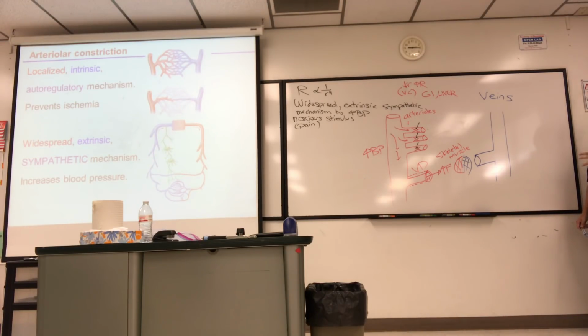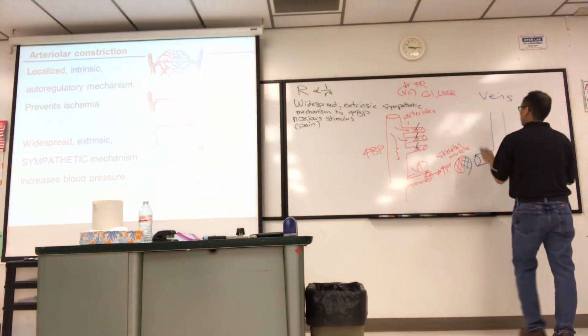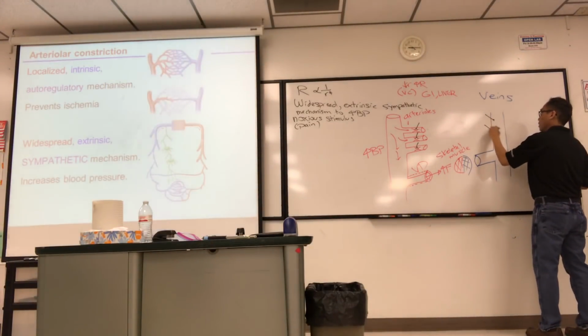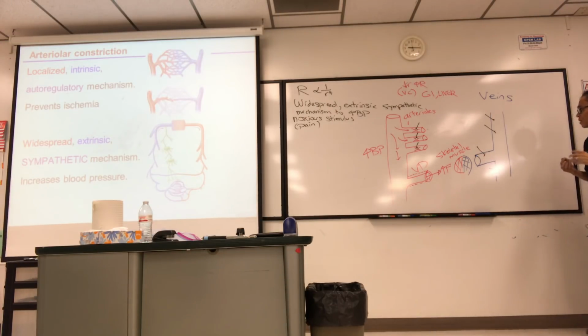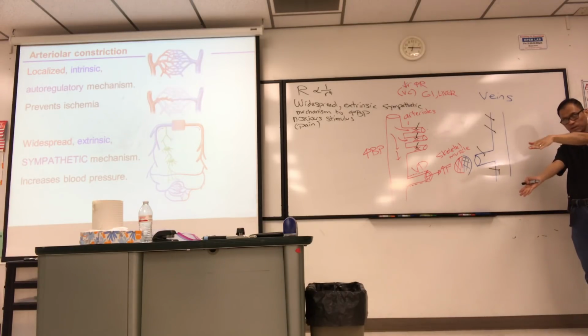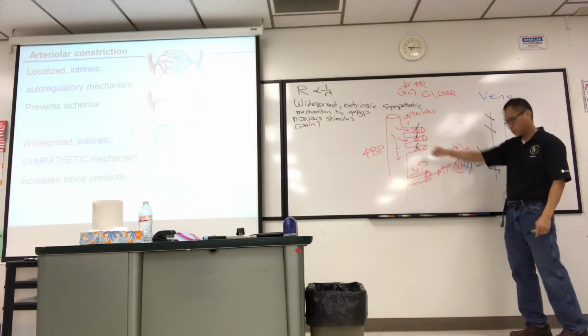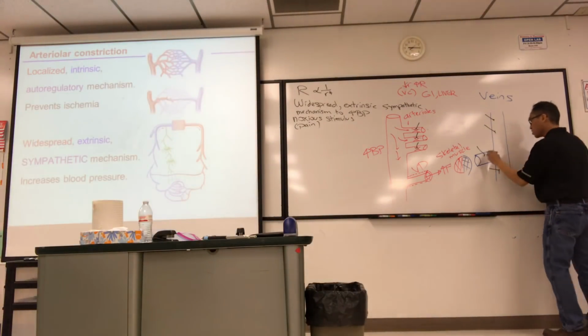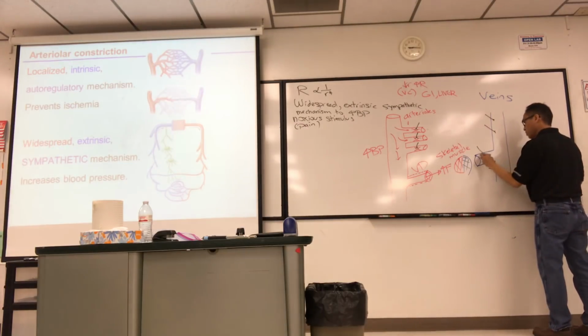In fact, they affect them over a wider area. For veins, you shrink the whole system just a little bit. You don't clamp down in one place like here. So maybe the whole container shrinks just a little bit.